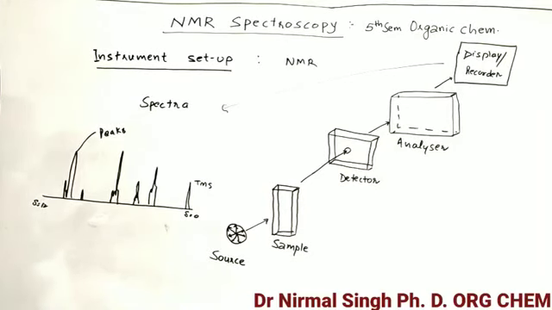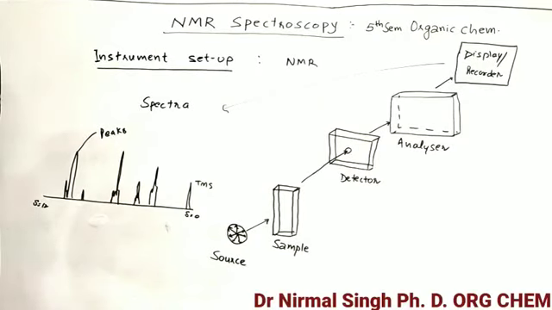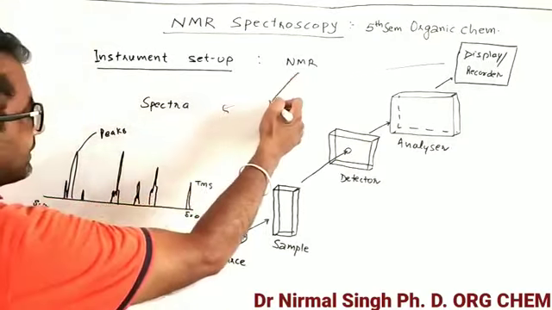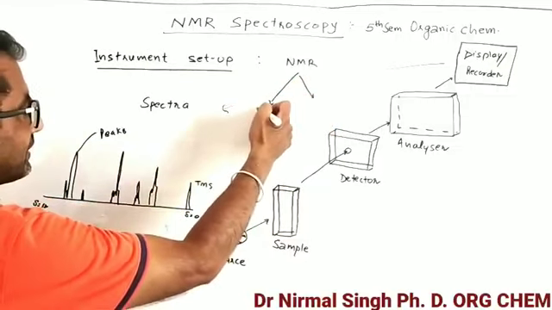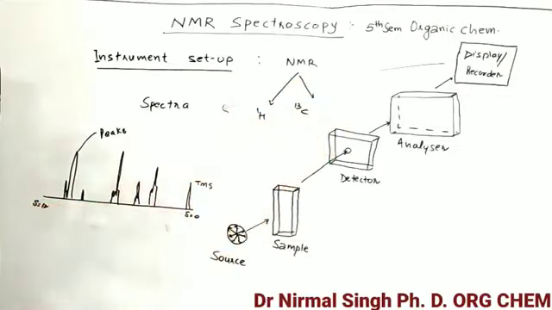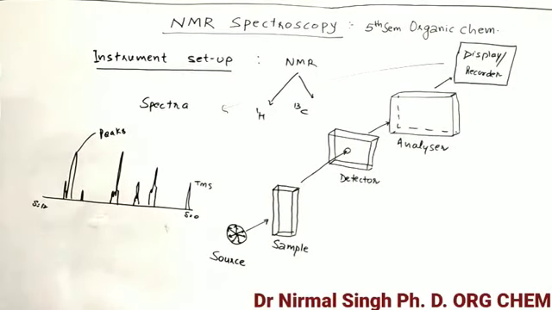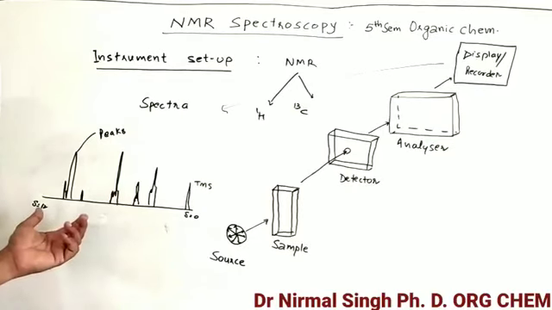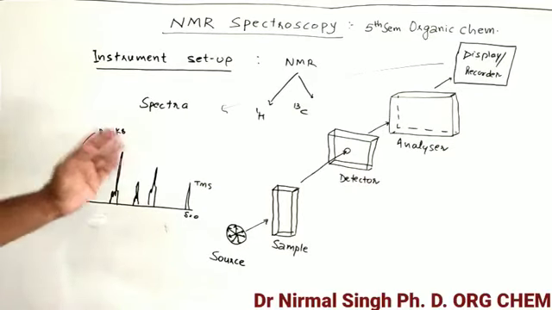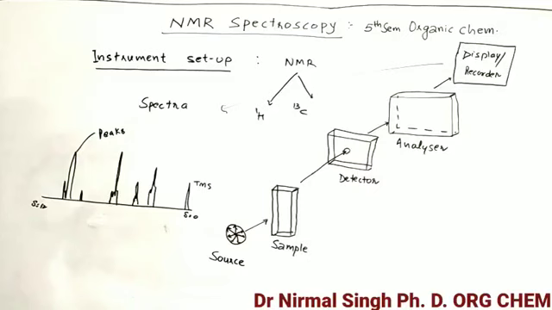We get various peaks. If we are doing H1 NMR, because NMR spectroscopy is further divided into two parts, H1 and C13. H1 is proton NMR spectroscopy, which gives information about the number of protons present, and these peaks correspond to the various types of protons present in the organic compound.